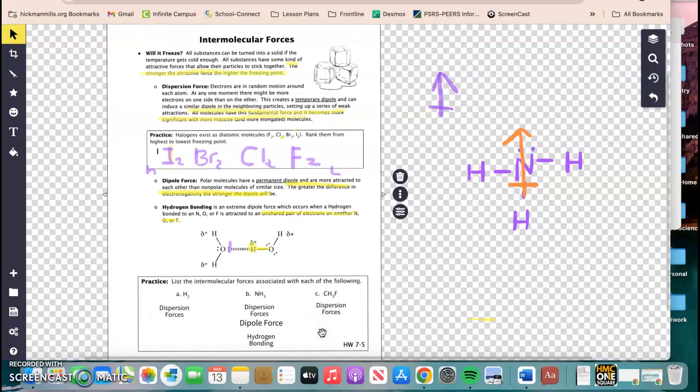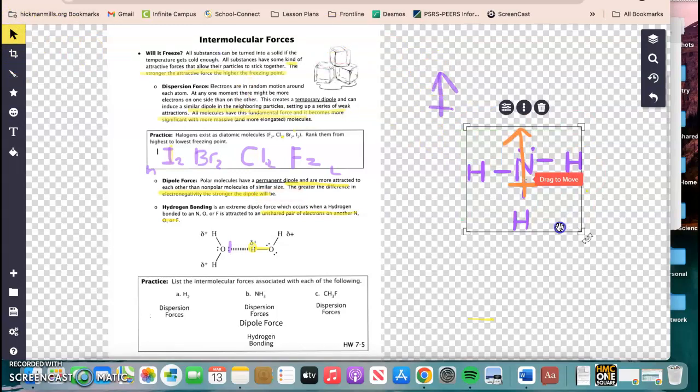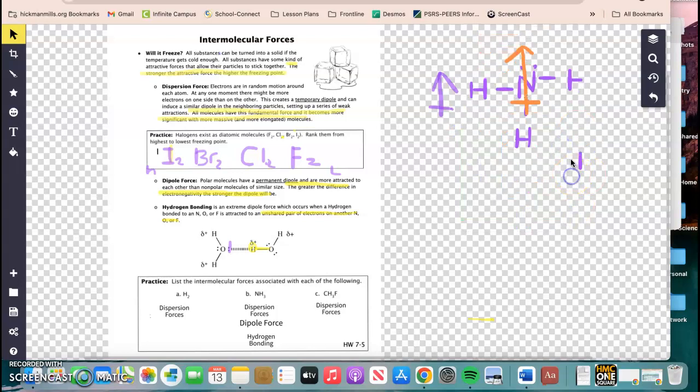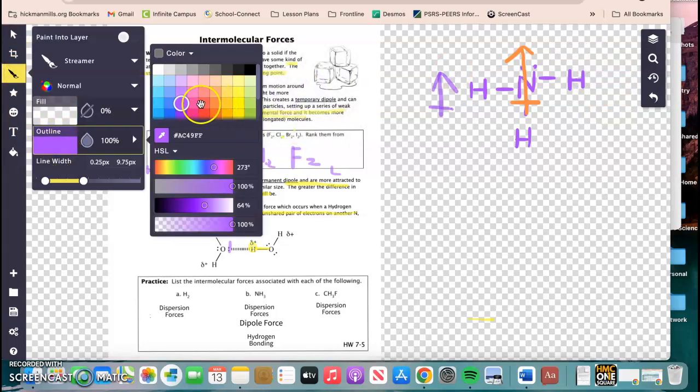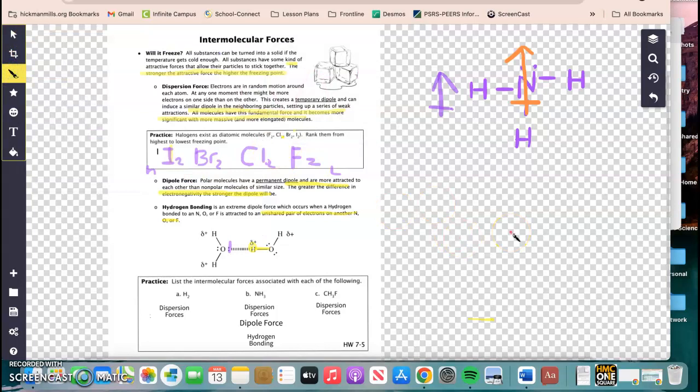Okay, last one. We have CH3F. So let me make some space here and move this around. And then we can draw out the other one. So I will do this in a different color. I'll do this one in pink. Alright, so our central atom is going to be carbon.